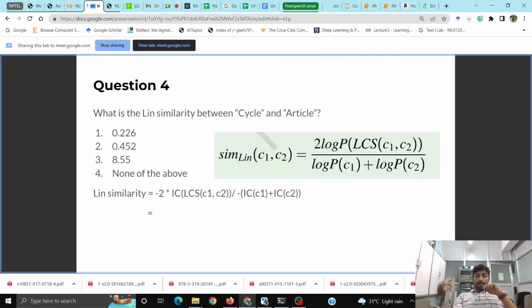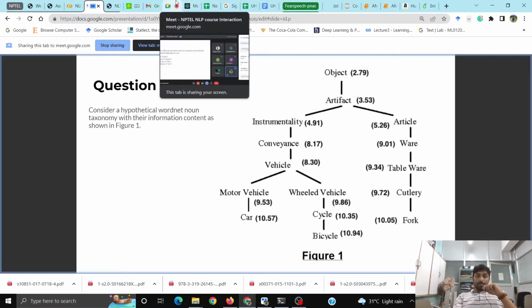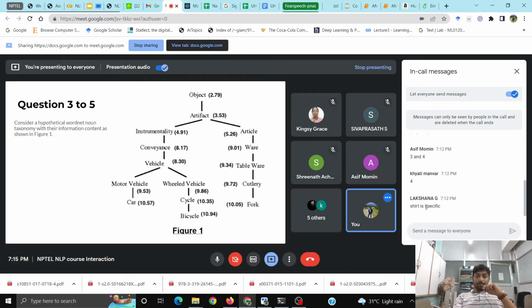So we have to find the similarity between cycle and article. So what do we do? From cycle we have to find the common subsumer of cycle and article. So what will be the common subsumer, or common word which is a hypernym of both article and cycle? What will be that?